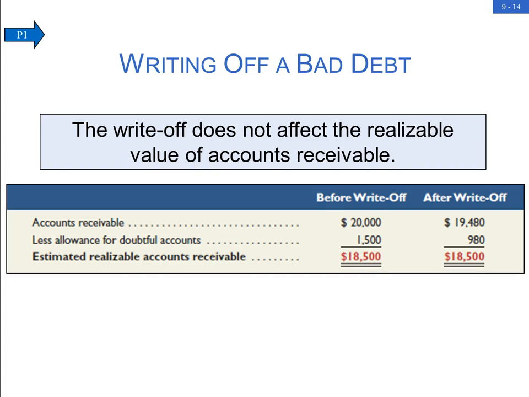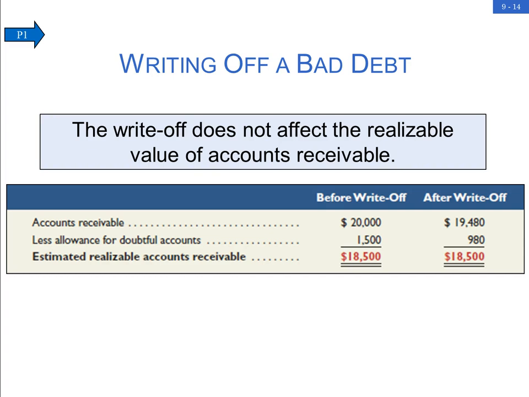Now, of course, this is one of those unique accounts. If, let's say, we have another customer who owes us $1,000 and he all of a sudden says he cannot pay, well, we only have $980 in the allowance for doubtful accounts, right? So that would, of course, be a debit to the allowance for doubtful accounts, which would take the allowance into the debit category, right?